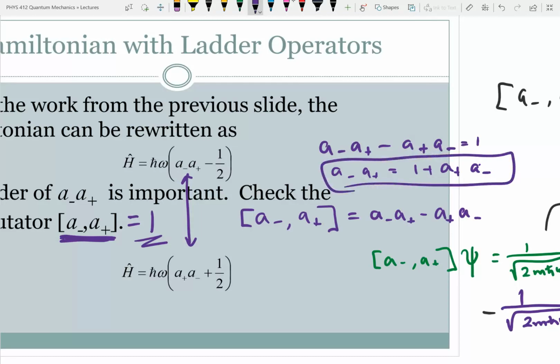And so if I just plug this in for that, I have 1 plus a minus 1/2 gives me, of course, 1 minus a half is a plus 1/2. And so it leads me directly to the second form. So we have two forms of the Hamiltonian. We like to stick with the upper one.